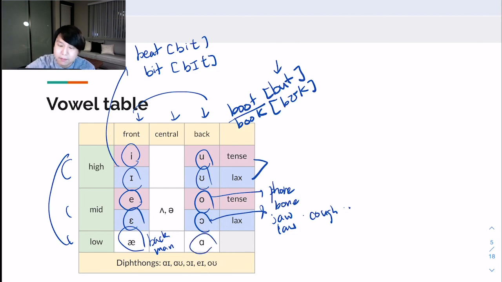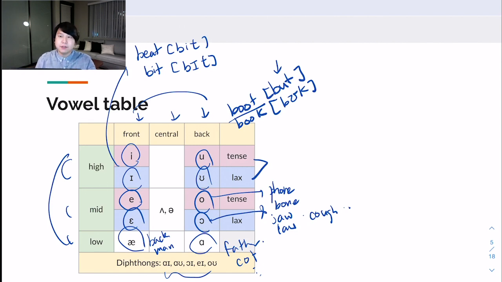And here's an "ah" sound, like in father, caught, those words. And there are 5 diphthongs: ai, au, as in by and bow, and oi, as in boy, bay, and bowl. So there are 5 different diphthongs.